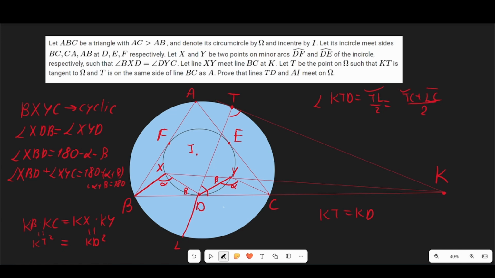While angle TDC, or TDK, they are the same, TDK is half of arc TC plus arc BL. So by using these two equations we get that arc LC equals arc LB. So this means that L is the midpoint of arc BC, and this is what we wanted to show, because AI passes through L and TD also passes through L. If you got any questions, write in the comments.